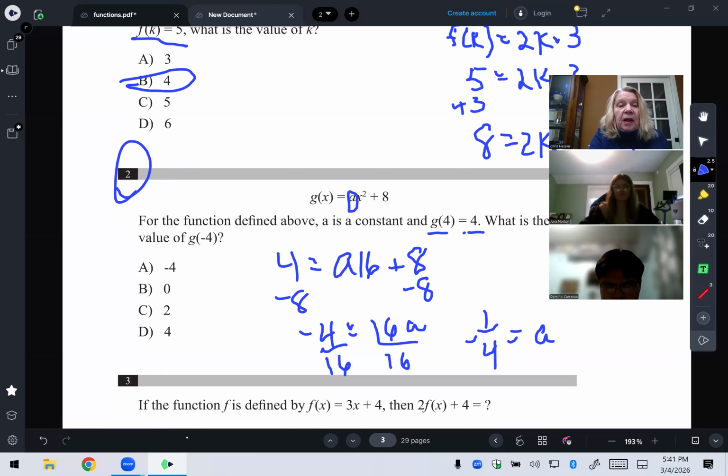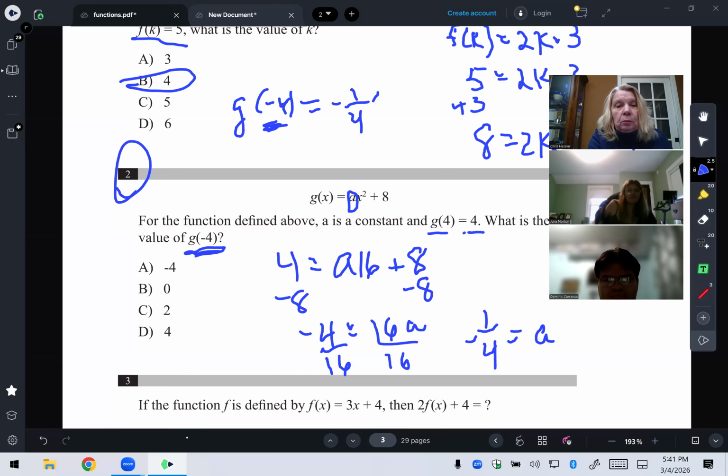Now I can put it back in. So I have, just going to write it up here, g of negative 1/4 equals... I know the a is negative 1/4. I know I'm putting in negative 4 for the g function. Okay. So this will be negative 1/4 times negative 4 squared plus 8. And 1/4 of 16 is 4.